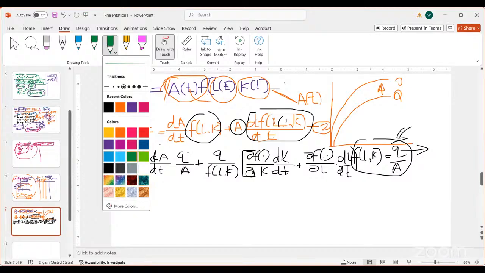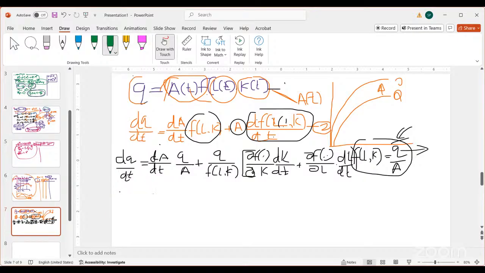This is the rate of change, and we have to look at the rate of growth of output, which means dQ over dt.